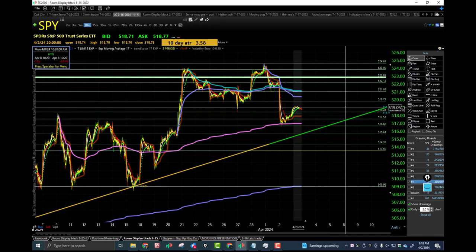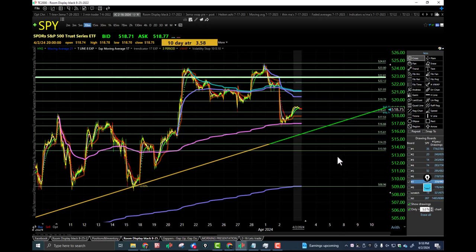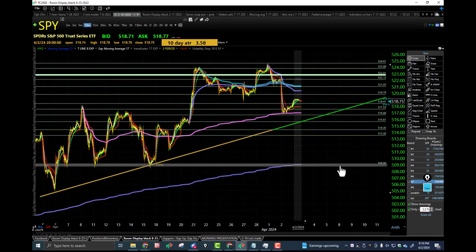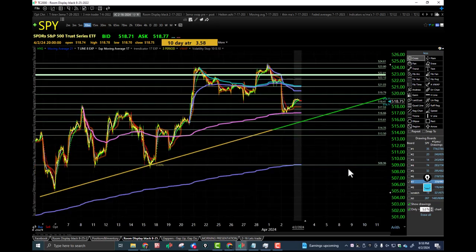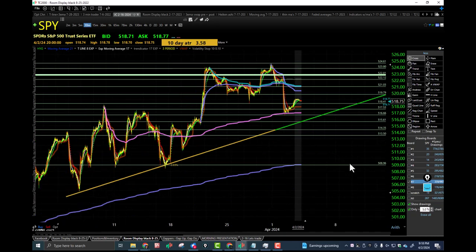So if you've got a question, a stock you want me to look at, I'm here for you. I'll stay as long as you want. I just want to help traders be successful. And this anchored VWAP, it's so easy, and I wish I discovered it years ago. But I'm glad I found it now.